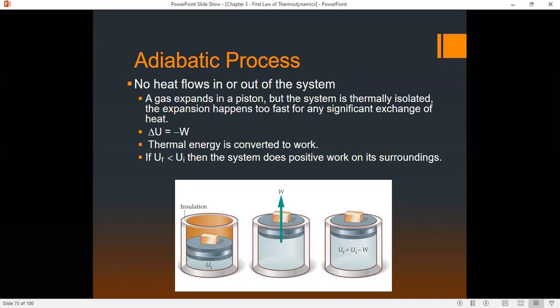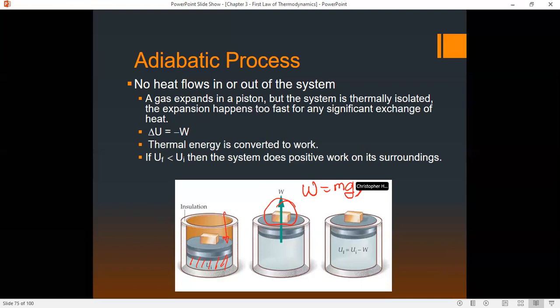We can imagine demonstrating this right here if we had this little piston and we had some gas contained within here, and we allowed the piston to move, it would raise this weight, right? The work done would be equal to the change in gravitational potential energy of that little mass.